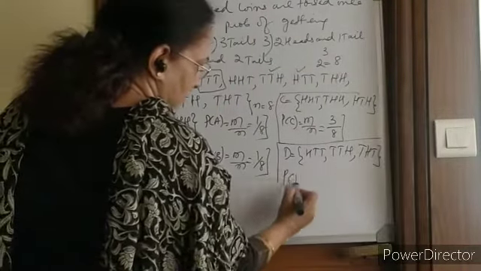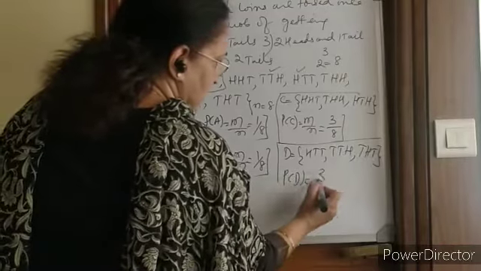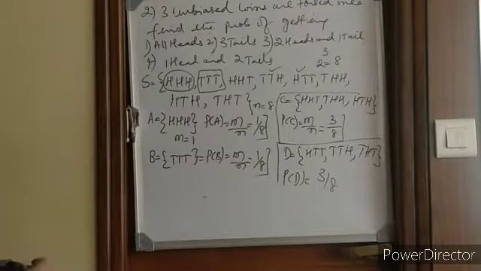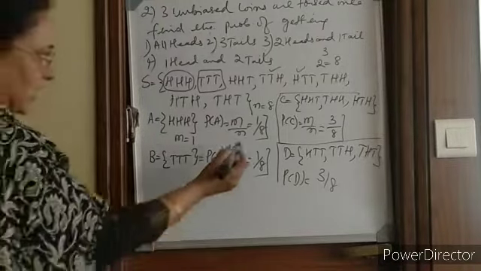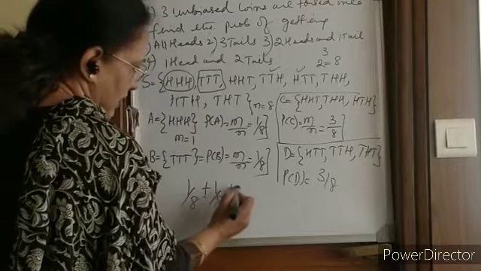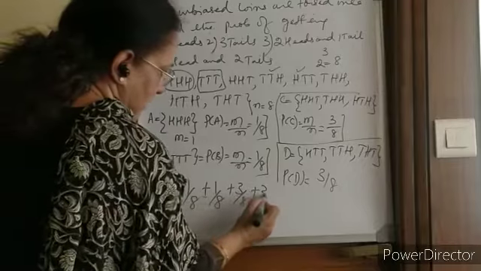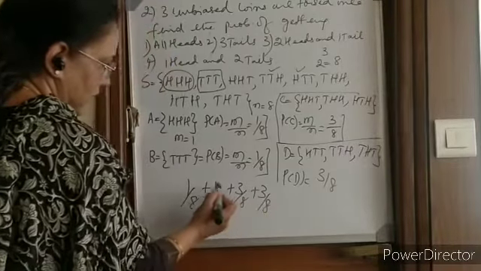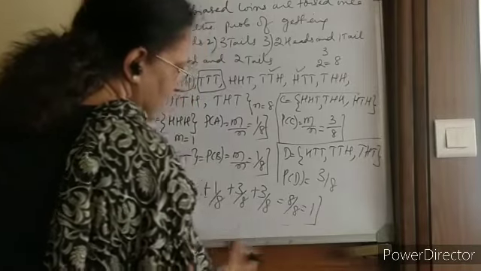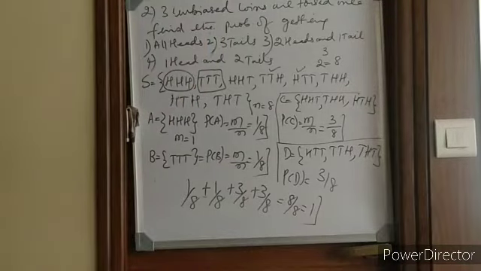So probability of D. Now again this will become now with the same formula. You say 3 by 8. Now here also if you add here, so all of them will become equal now. 1 by 8 plus 1 by 8 plus 3 by 8 plus 3 by 8. So 3 plus 3, 6 plus 1, 7 plus 1, 8. So 8 by 8. So the total probability is equal to 1. Okay.